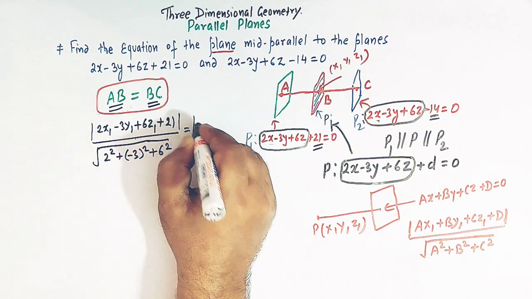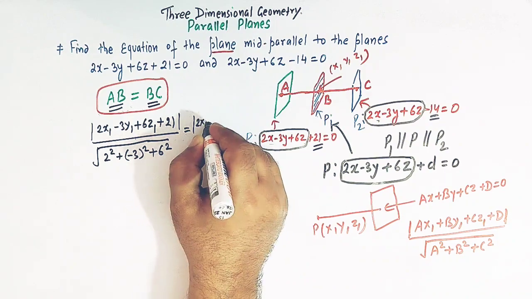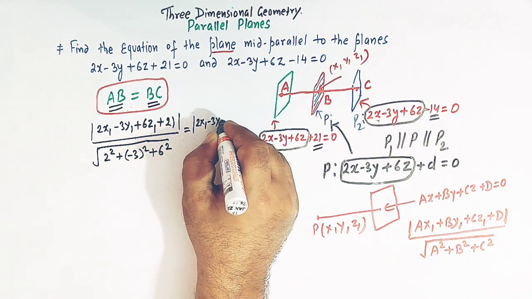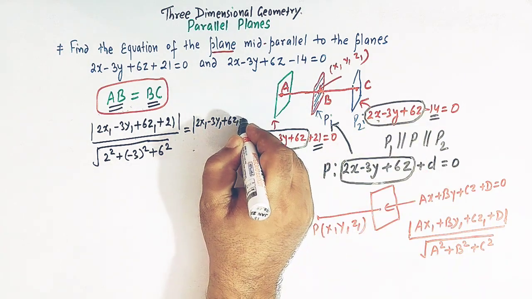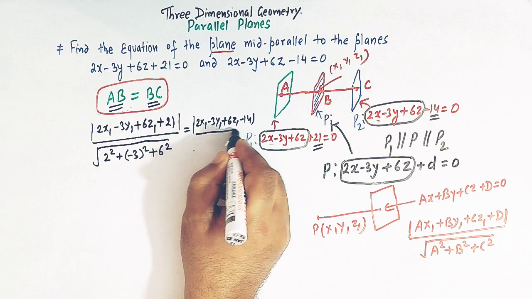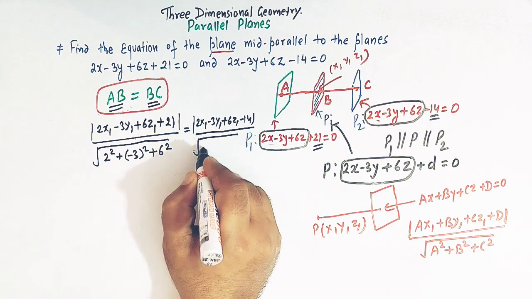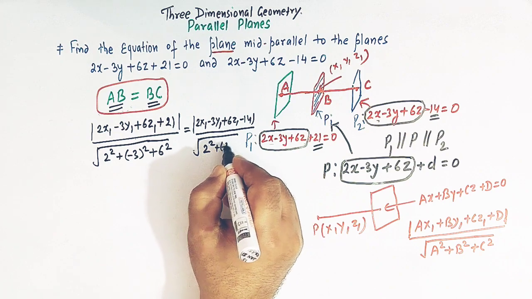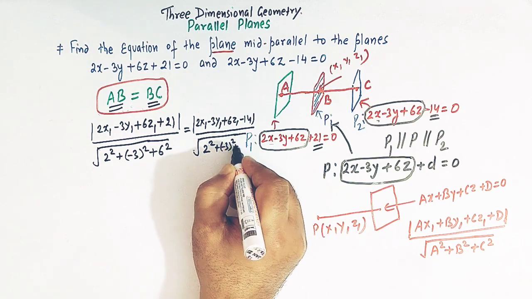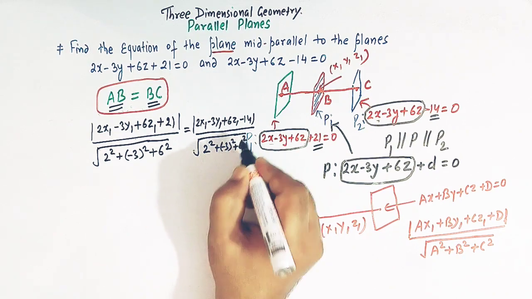So we'll have mod of 2x1 - 3y1 + 6z1 - 14, divided by the square root of 2 square + (-3) square + 6 square, right?